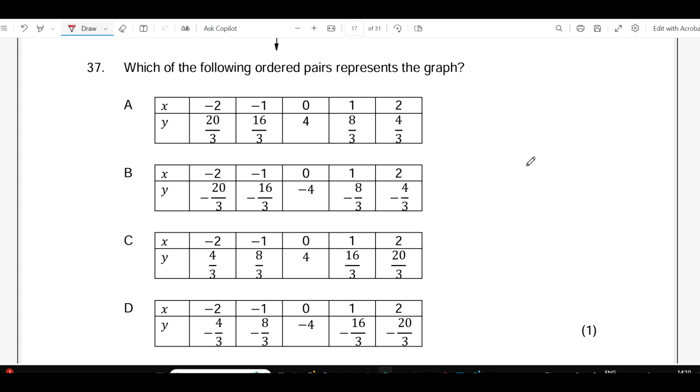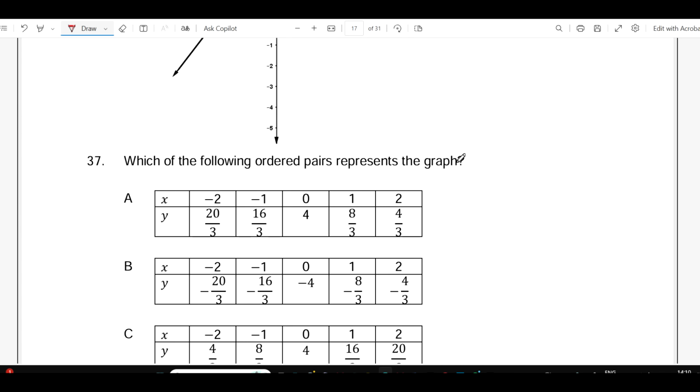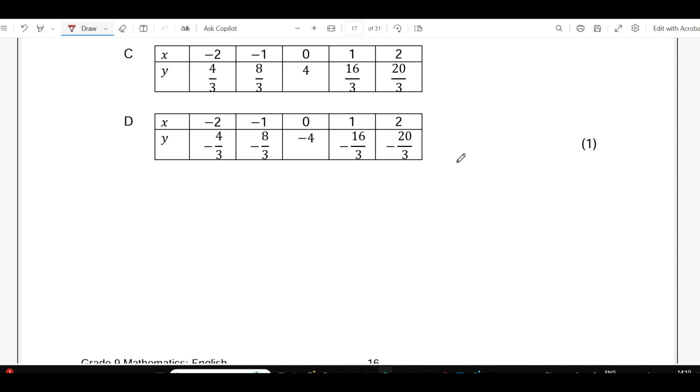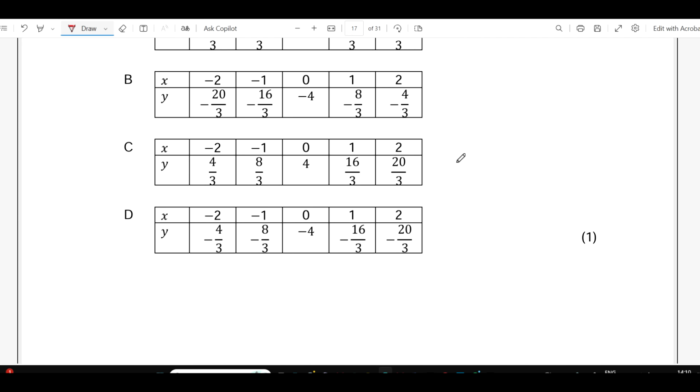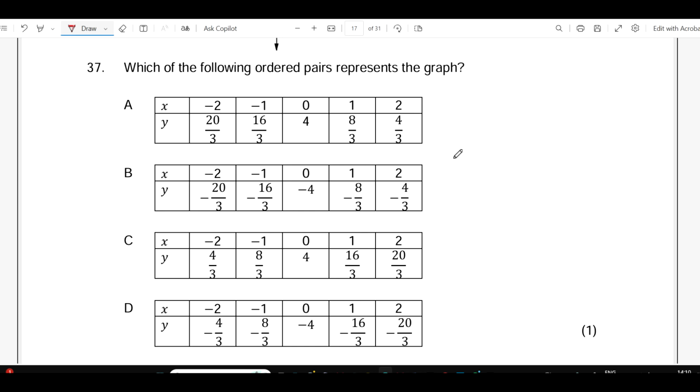Number A, number B, number C, and number D. So the graph of a line has this equation, mx plus c.